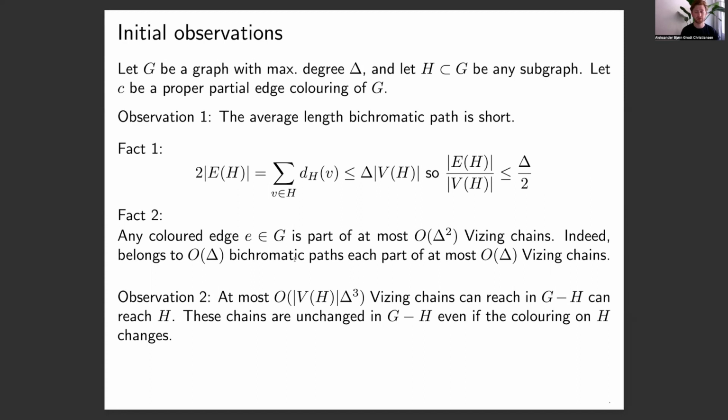So basically we can just look at the first point where a Vizing chain reaches this subgraph. And these chains are unchanged even if we start changing the coloring in H, simply because we only consider them until the first time we reach H, and until then they exist in G minus H.